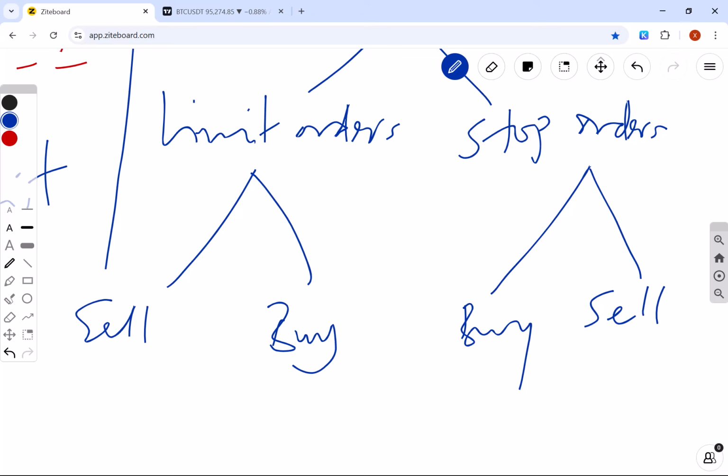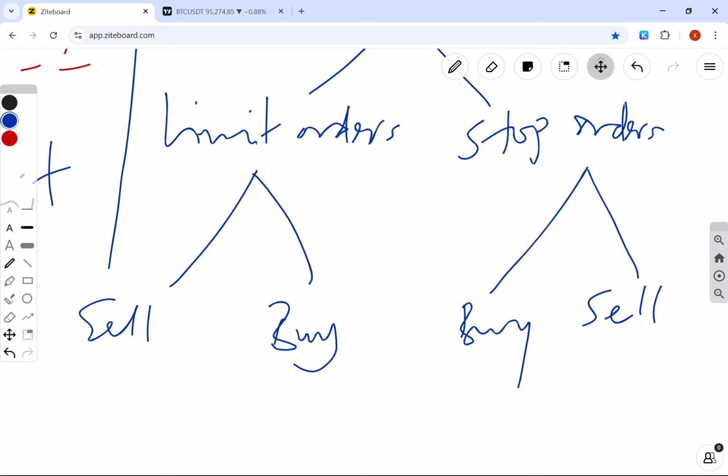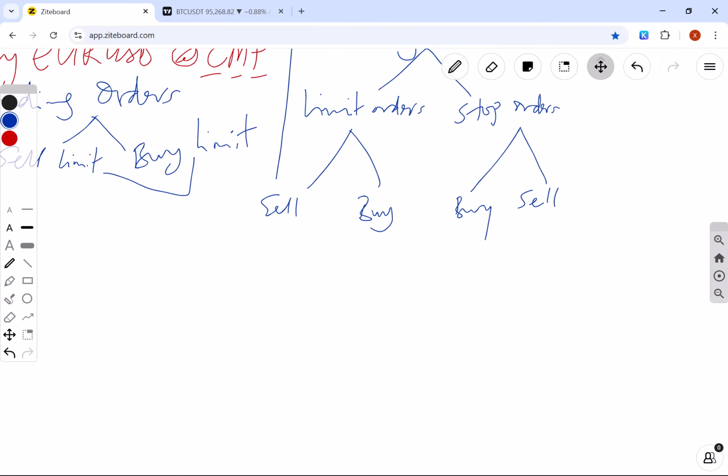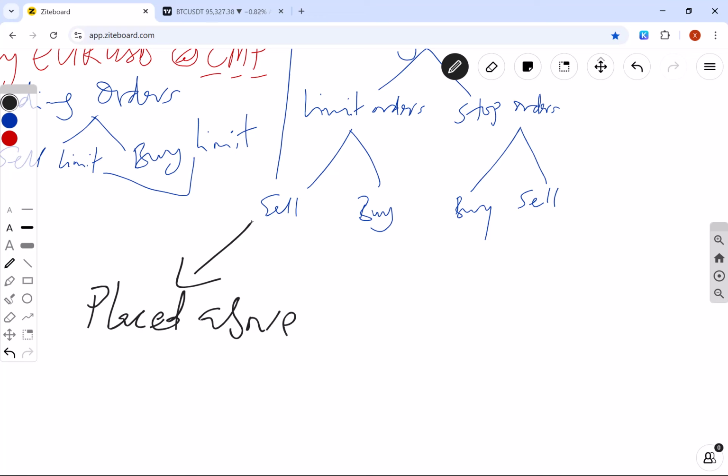Now, when we take the sell limit, we are talking about a sell order that is placed above the current market price, MP, standing for market price.